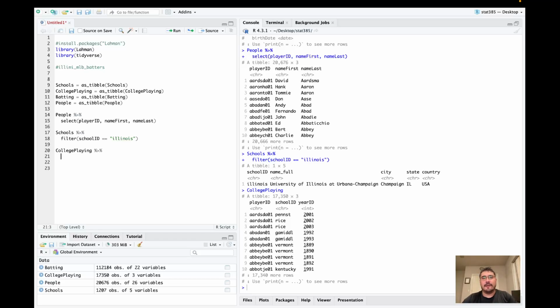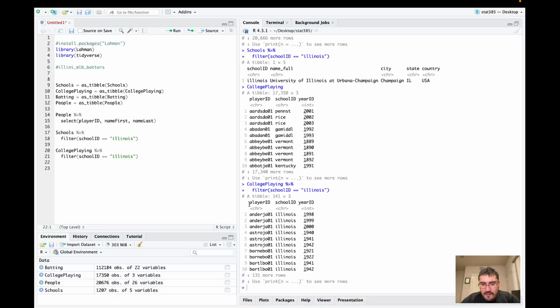So we want to filter school ID equals this thing, Illinois. If we look at this, we can see this person with the code Ander J01 played for Illinois in 98, 99, and 2000, so multiple times. I think we can leave it and be fine, but I'm just going to get rid of it.